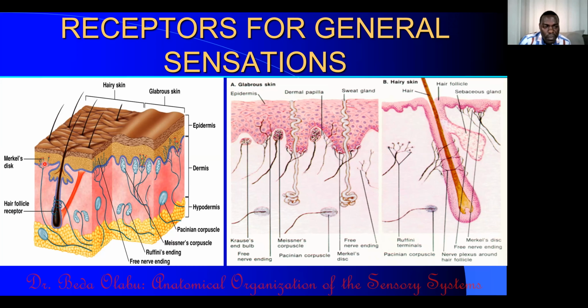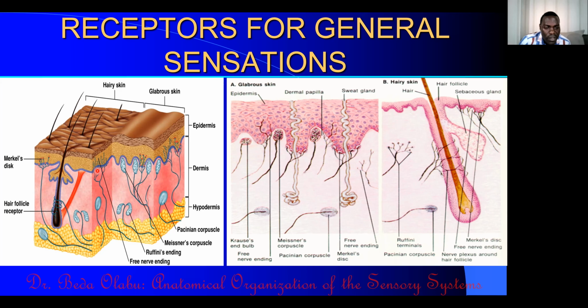Merkel's disc is a receptor of general sensation. It's found on the skin. Hair follicle, nerve terminal around hair follicle. Nerve terminal around hair follicle is a receptor for general sensation. Pacinian corpuscle is a receptor for general sensation.